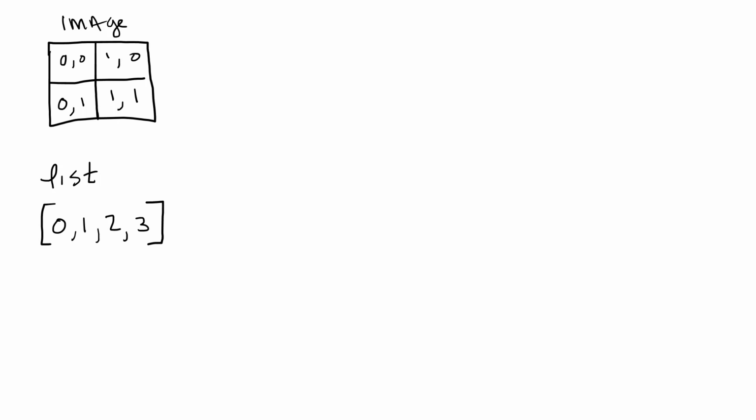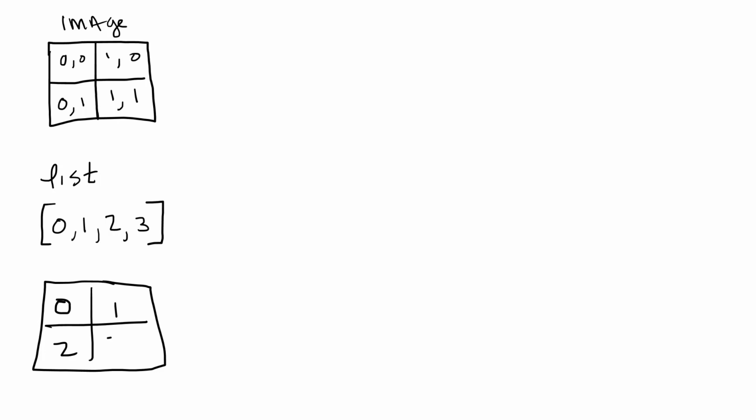So let's say we want to write these values to this two-dimensional array, and we want to place list values such as this: 0, 1, 2, 3. Well, how would we do that?